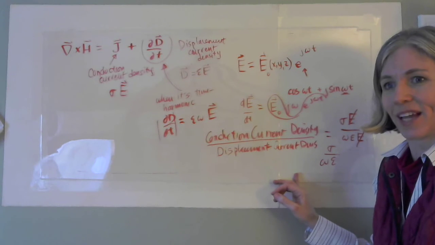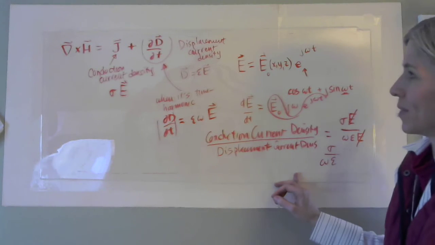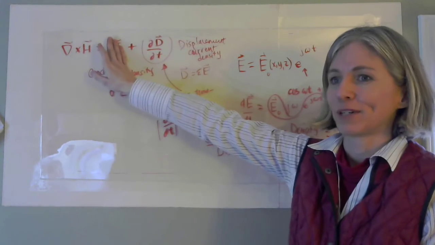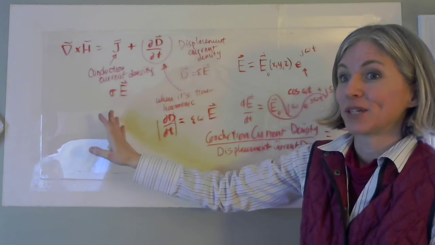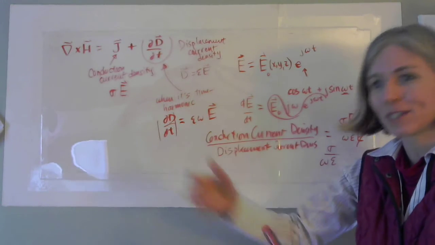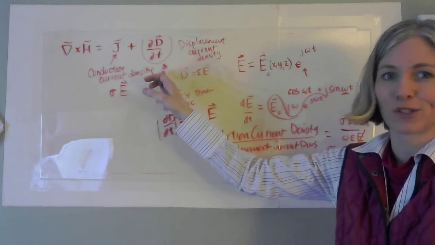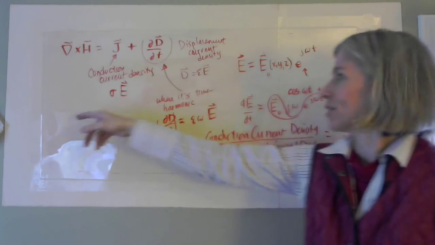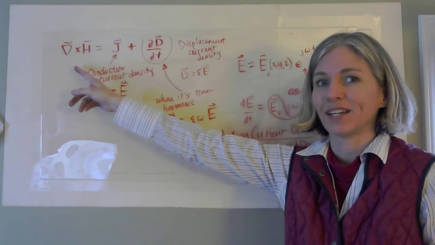And we're going to look at that a little bit more when we pick up with waves. We're going to start saying, well, let's get rid of all the conductive material. Even epsilon is just going to go back to what it is in the vacuum. And we're still going to be able to propagate fields through space because a changing electric field has something to do with a magnetic field.